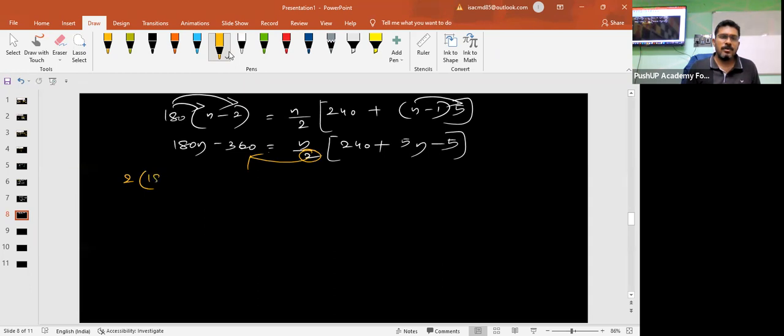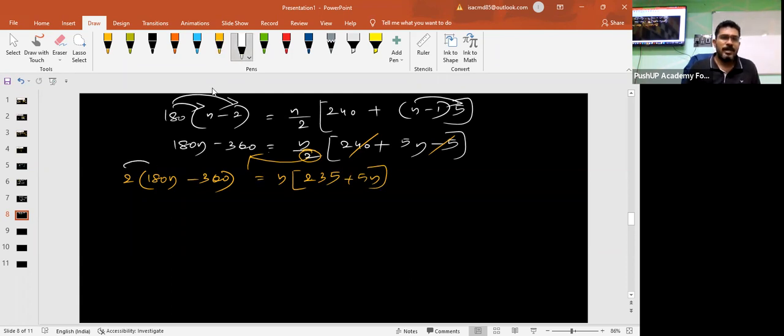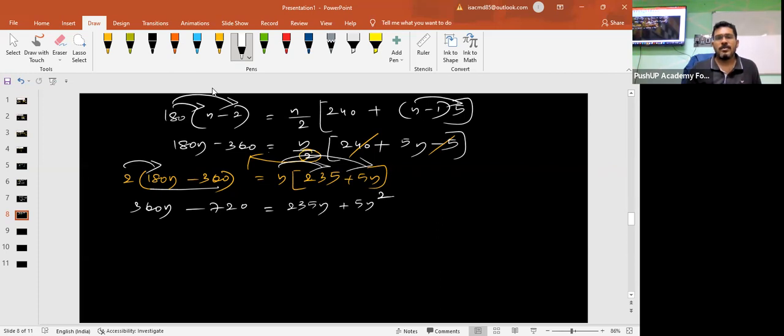It becomes 2 into 180n minus 360 is equal to n into, what is 240 minus 5? It is 235, plus 5n. This is going to be a quadratic equation, you see. 2 into 180. Let's open this bracket also. 2 into 180n will be 360n minus 2 into 360 will be 720, which is equal to n into 235 is 235n. n into 5n is what? 5n square.